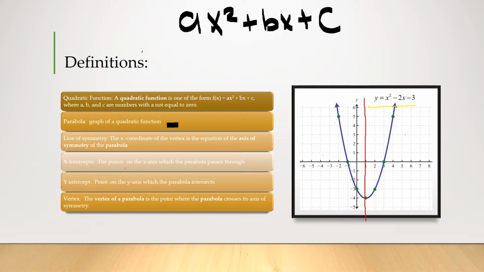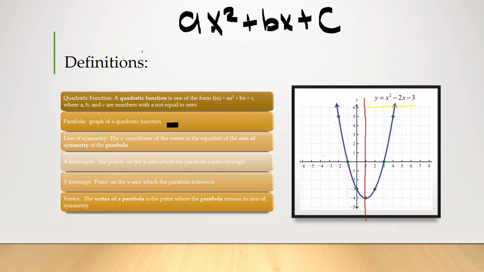More specifically, the line of symmetry's equation is the x-coordinate of the vertex of the parabola.